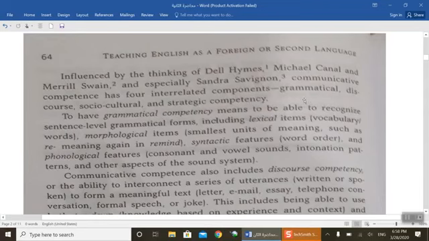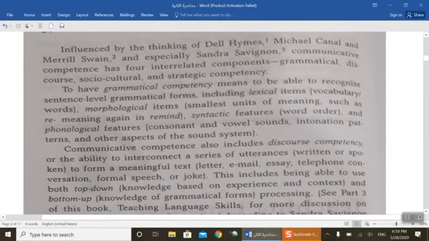Grammatical, discourse, sociocultural, and strategic competency. You see here? So grammatical competence, discourse competence, sociocultural competence, strategic competency. These 4, we will talk about them in some detail.